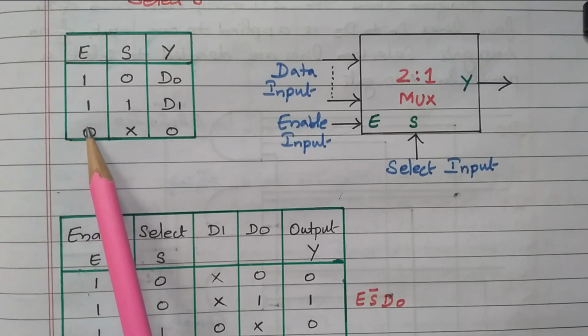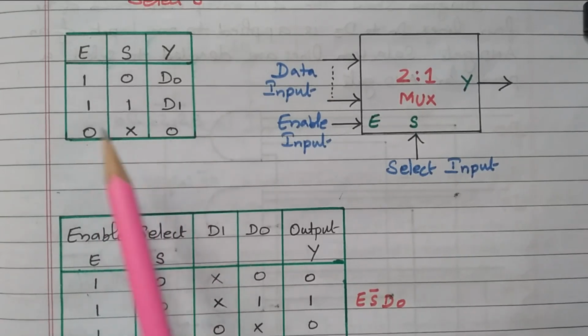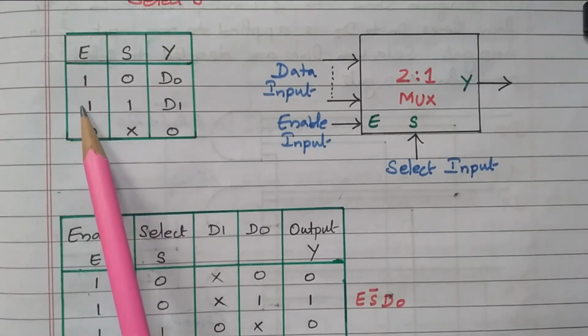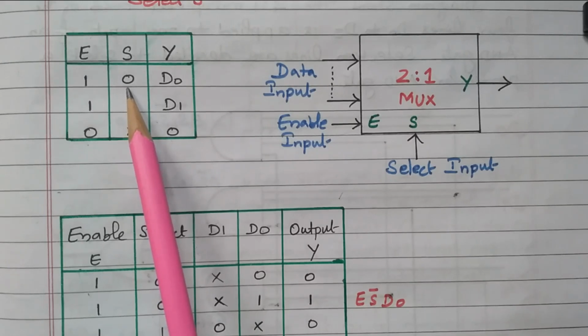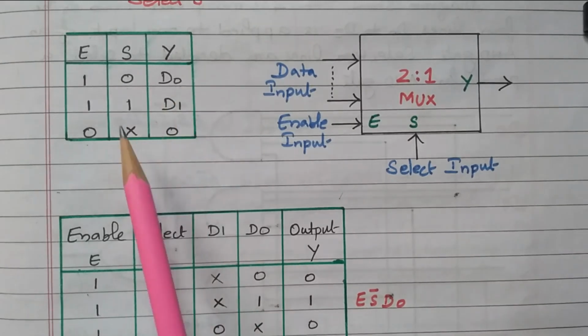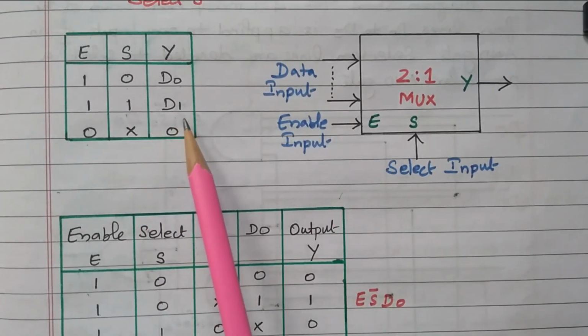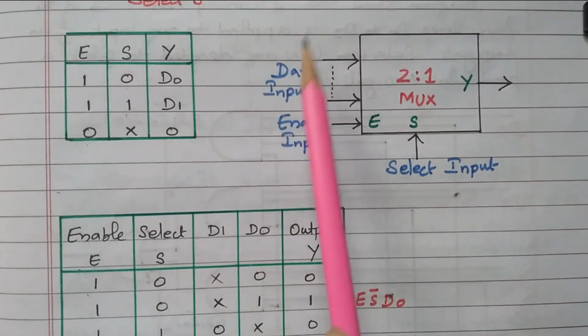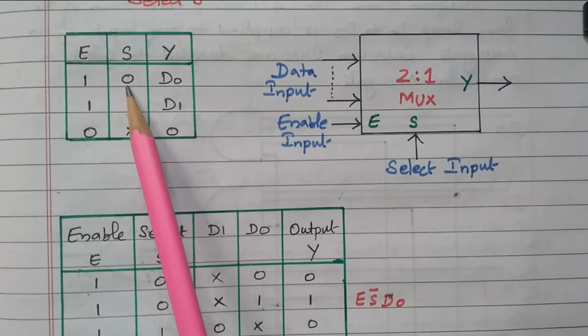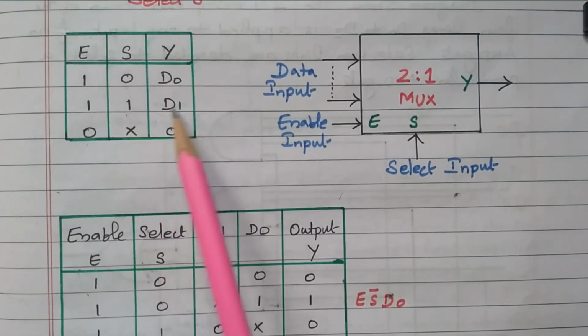If there is no need to produce any output, we can make enable input 0, so the total output is 0. If the enable input is 1, the selection line is 0 means the output will be D0. The selection line is 1 means the output will be D1, what we discussed earlier. Now we discussed how it is produced. 0 means D0, 1 means D1.